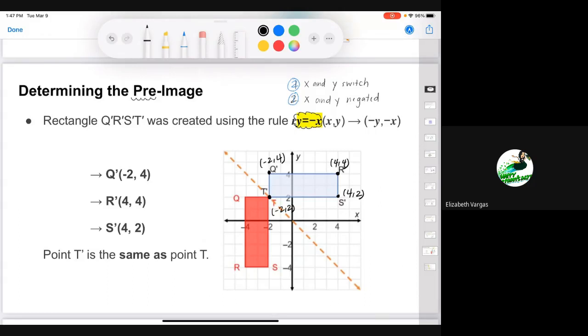okay? So basically we want to work backwards to find our pre-image. That means first thing we want to do, like I said, is negate. So our positives become negatives, our negatives become positive. So first I switch. Let me show you.